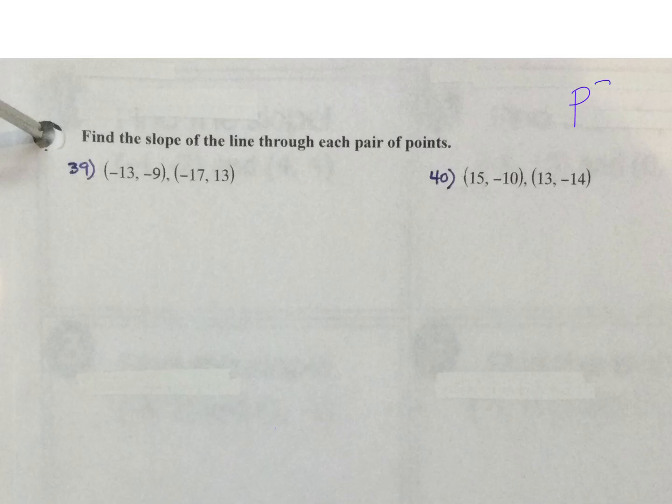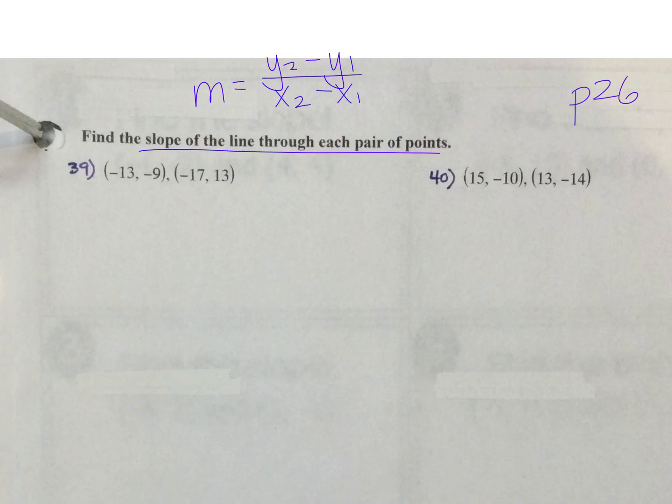All right, this is page 26, last page. Find the slope of the line from the points. So this is when we use our formula, slope equals y2 minus y1 divided by x2 minus x1. So step 1 is we need to label all these numbers here.